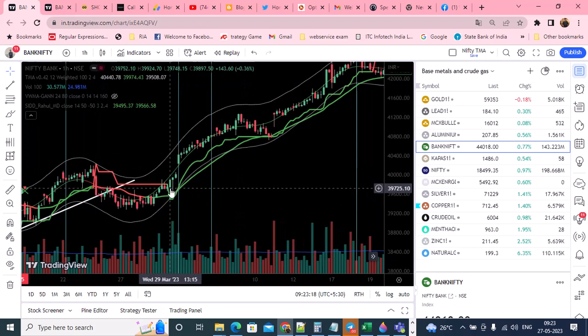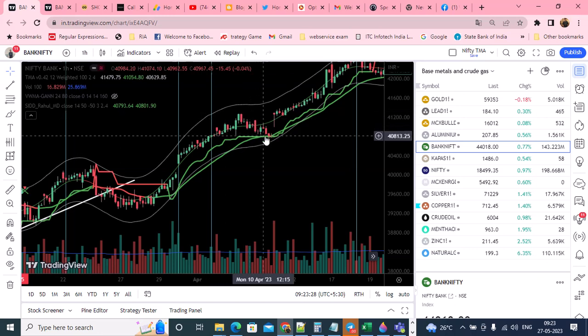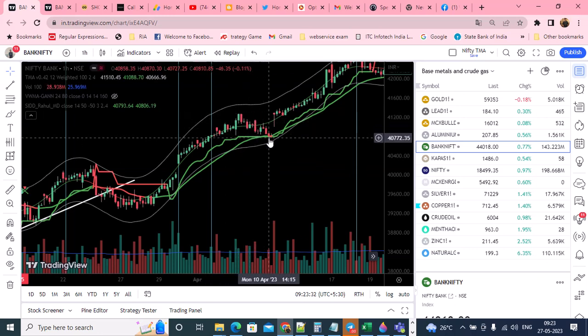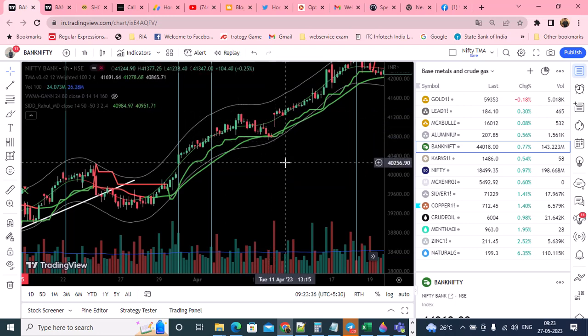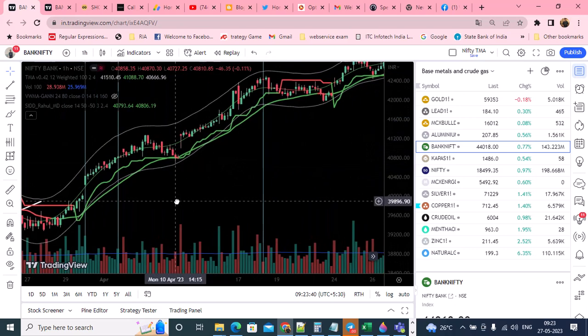And you see that when it went up with this one, and the tunnel was saying upside direction, what a move we got here. Okay, and again when it comes here, my Rahul Mohinder indicator as well as the ATR are pushing it back to the main direction that was there.